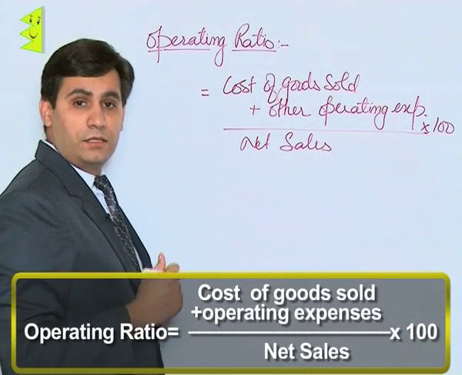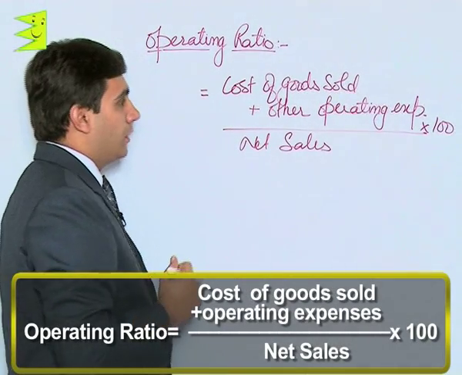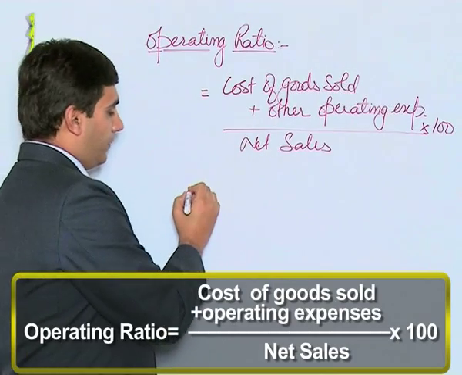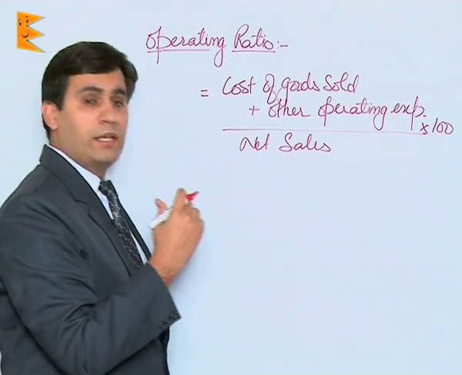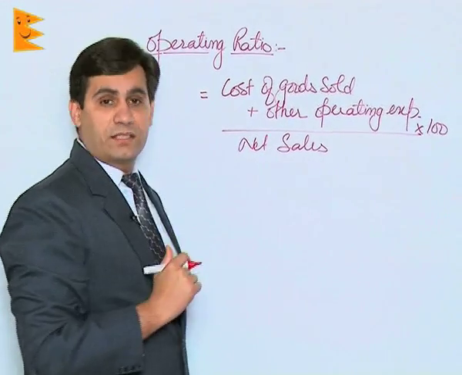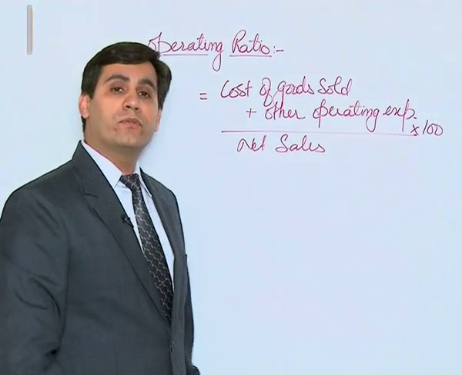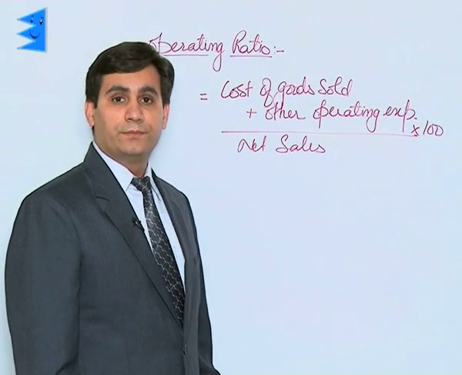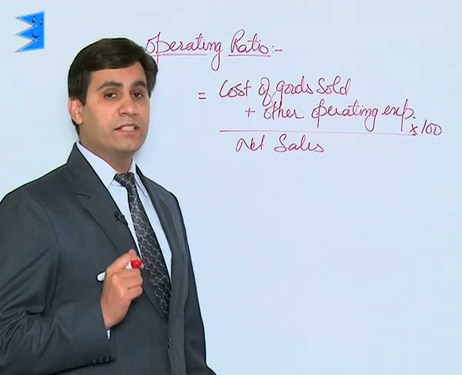It is expressed as a percentage. Now students, sometimes it is also written as total operating expenses, because ultimately cost of goods sold is also an operating expense.